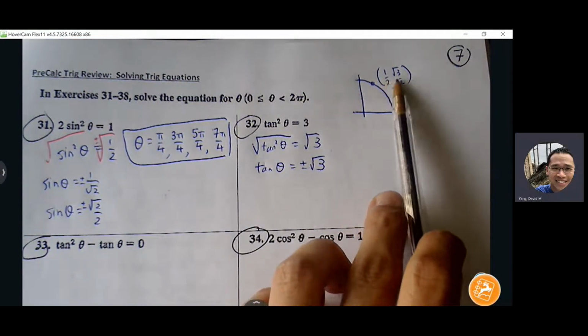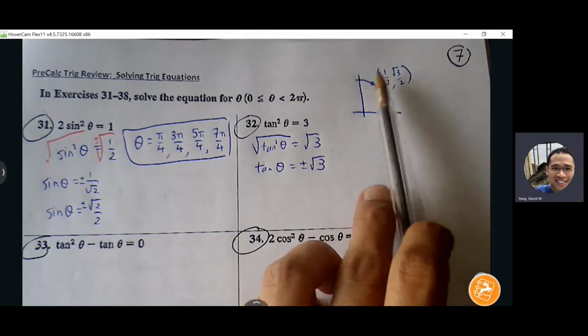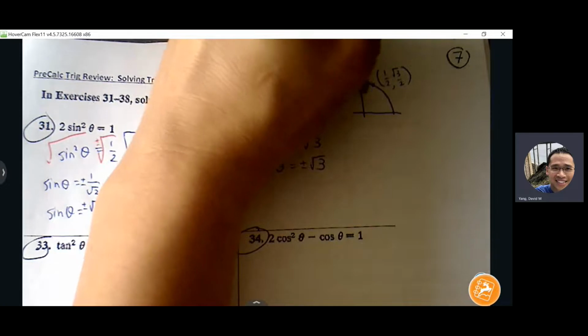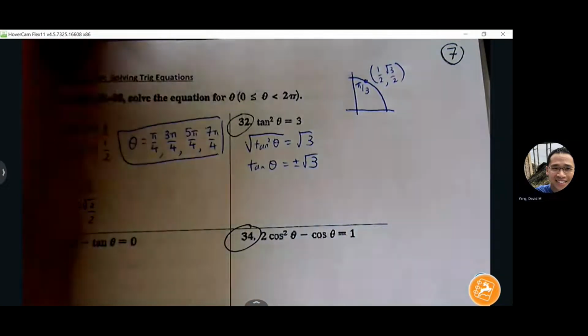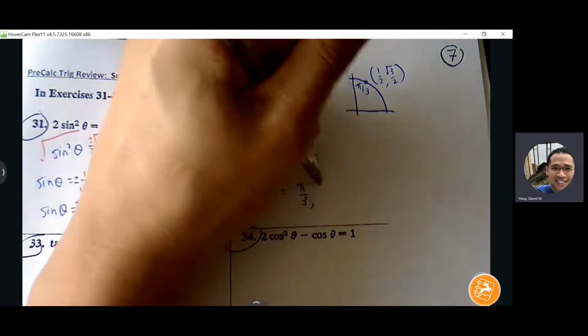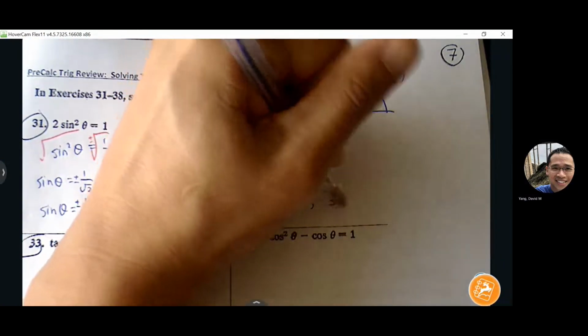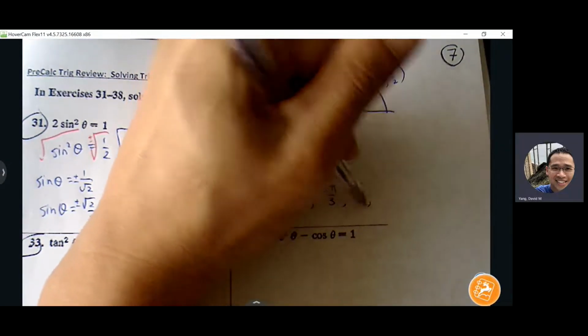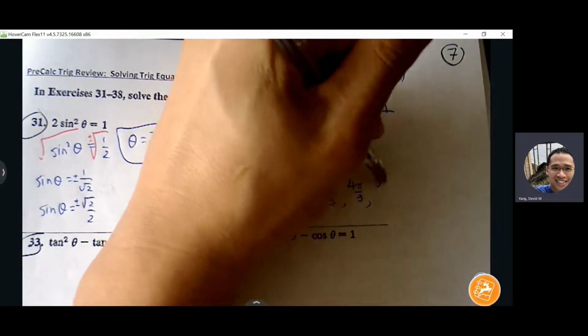Tangent is y over x. So root 3 over 1, that's pi over 3. So basically everything in the pi over 3 family. Second quadrant will be 2 pi over 3. 1 less than the denominator, 1 more than the denominator, and then double the denominator minus 1.